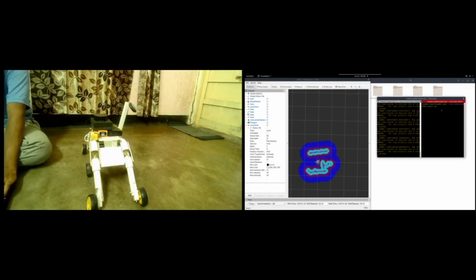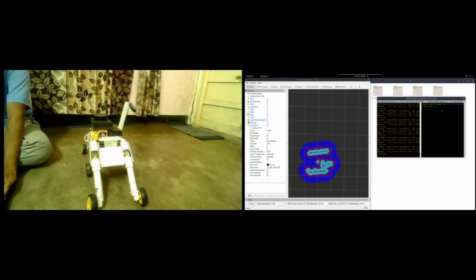The outer blue region depicts a low cost region. The inner light blue region depicts a high cost region, and the inner line is the lethal cost region. These are the different layers of the cost map, and we can use these to generate a path planning algorithm.